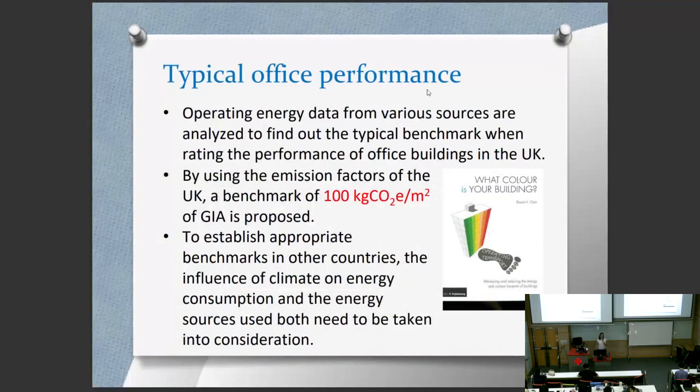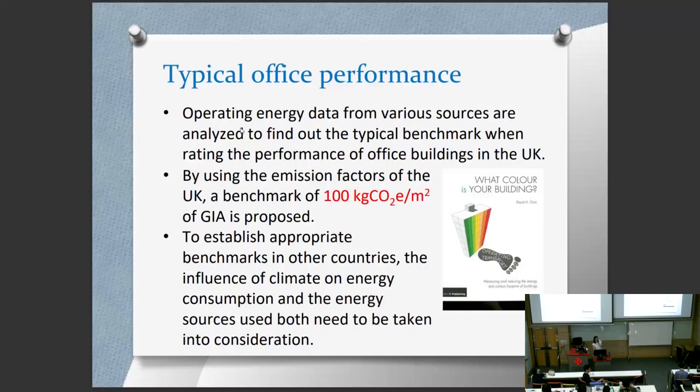And that's why the author of this book, half of the lecture will be based on this book. This is the book that I mentioned earlier, a UK publication studying the embodied carbon, the operating carbon, and the whole carbon footprint of many buildings in the UK.